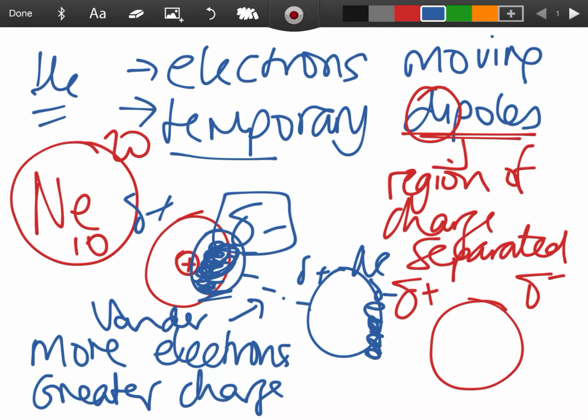So greater temporary dipoles, more electrons, and therefore you have stronger van der Waals forces between one atom of neon and the next atom of neon. Now, if those van der Waals forces between neon atoms are stronger than the van der Waals forces between heliums, then they're harder to break. They will take more energy to break.